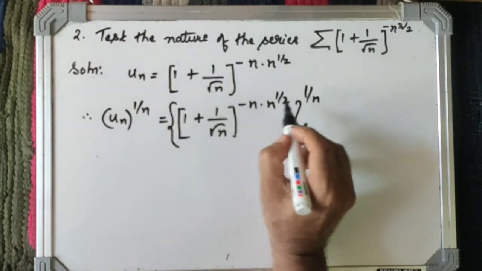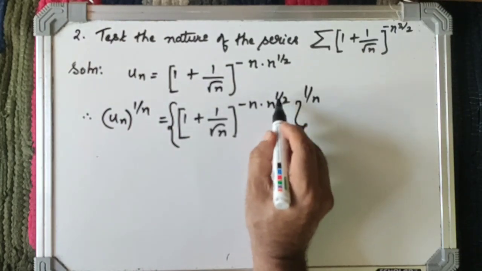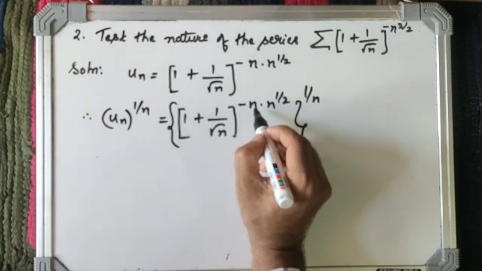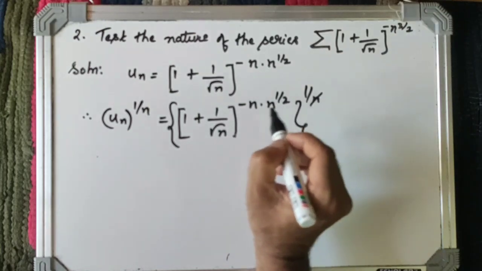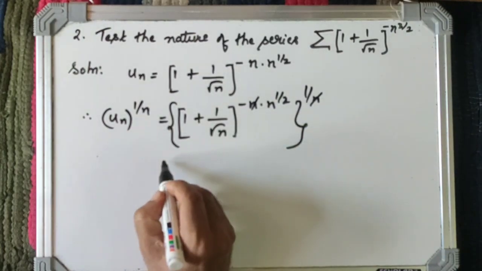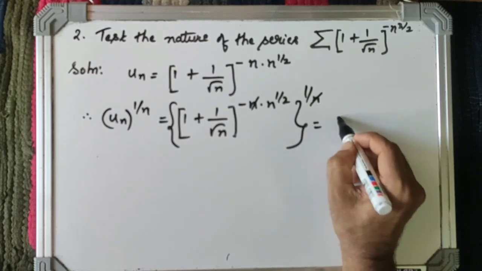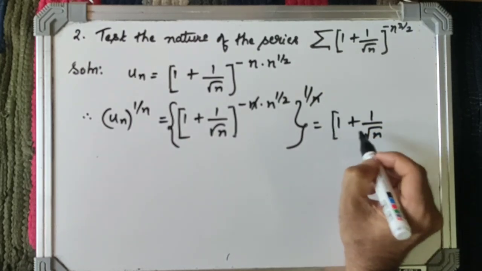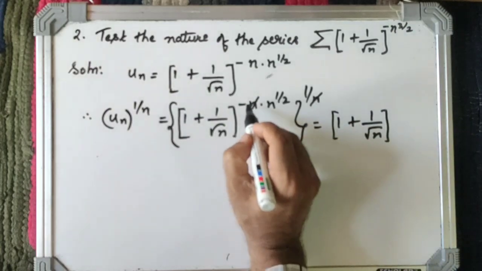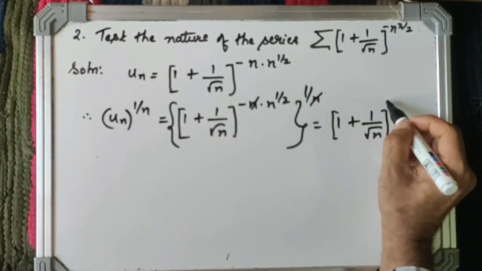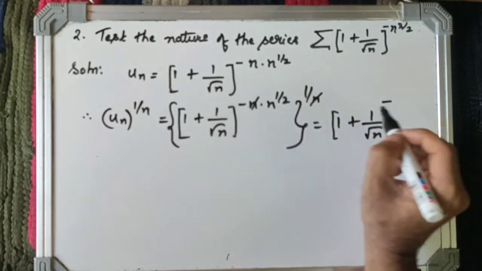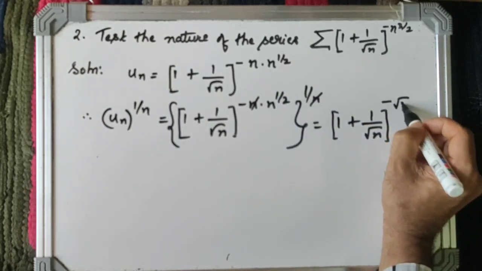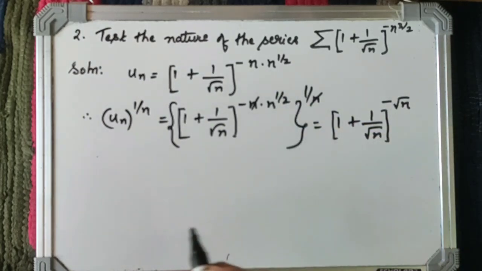If I multiply this whole power 1 by n with n into n power half using the theory of indices, this n cancels. Therefore you will find (1 plus 1 by root n) whole power minus n power half. Minus n power half is minus root n. So this is what we got.